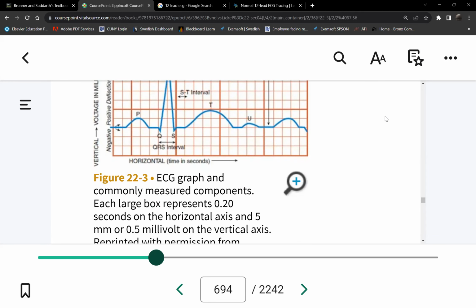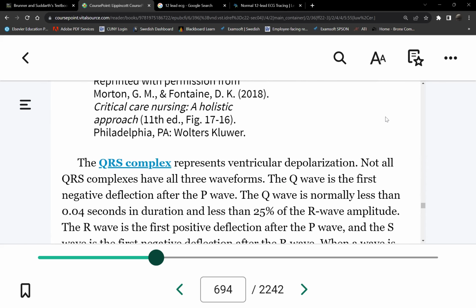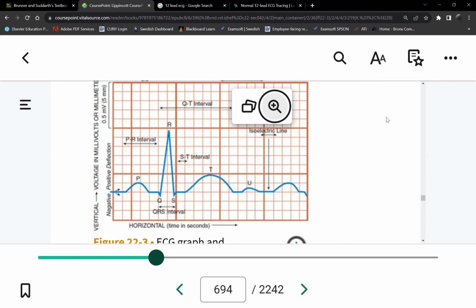Okay. So now let's go to what each wave and complex means. Now, I won't follow the order here because I want to go with the PQRST, so it's easier to discuss based on the sequence. P, Q, R, S, and then T wave. For today, we will disregard the U wave because we rarely see a U wave.